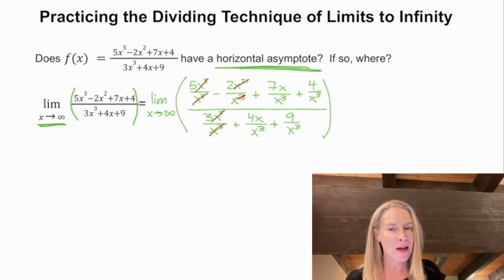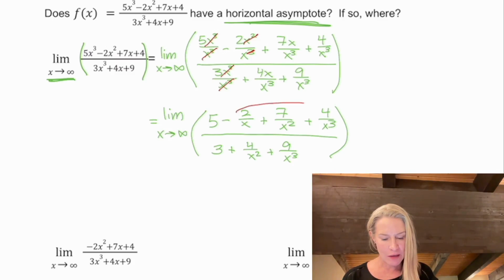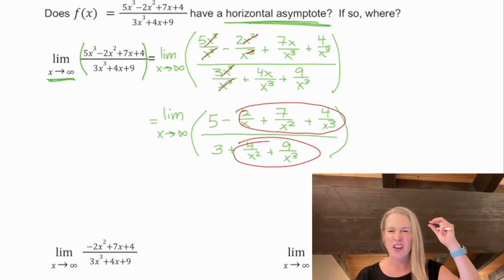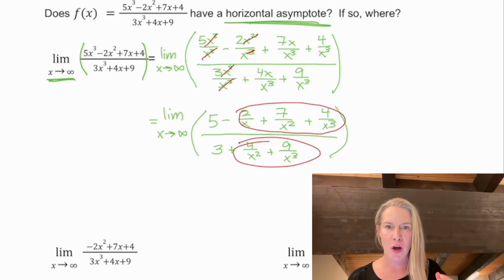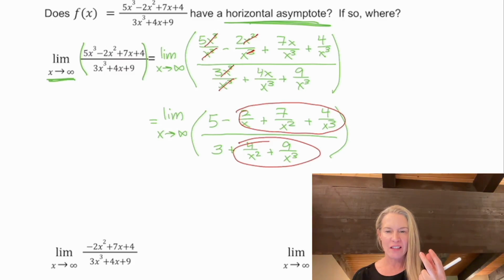So I'm again going to fast forward through this so that you can see what the next step is. So after I've gone through and done all my reducing, you'll see that I have a bunch of little fractions left. I have these fractions and these fractions, each of which has a number on top and an x or some power of x in the denominator. Each of these fractions is a number over x.